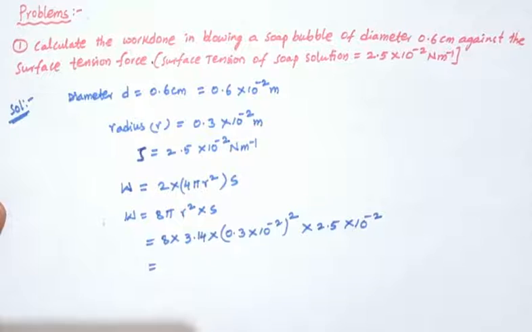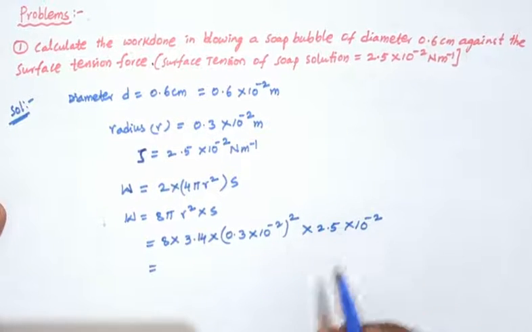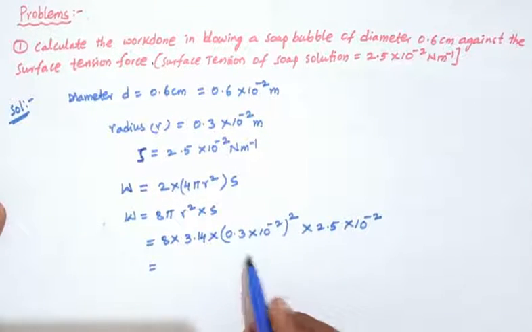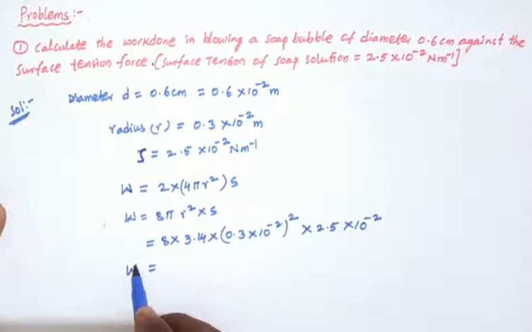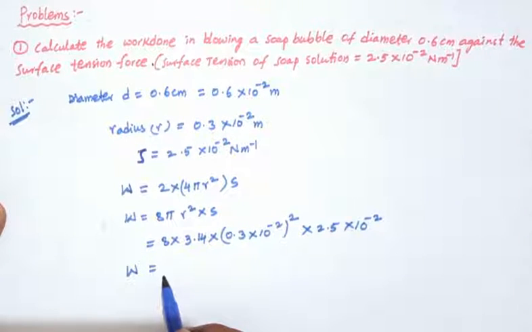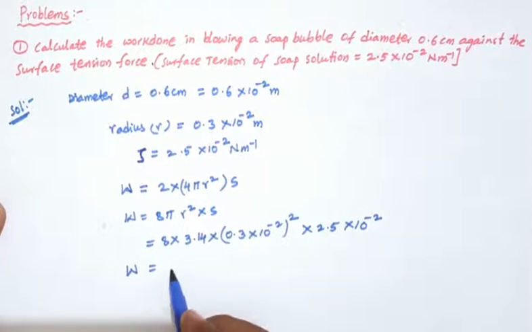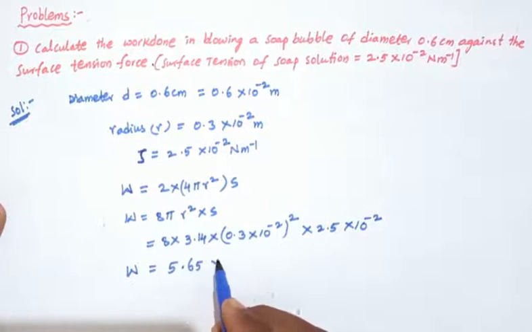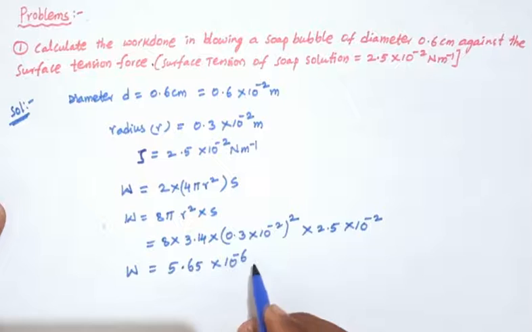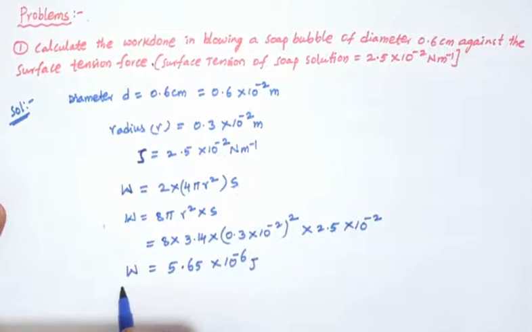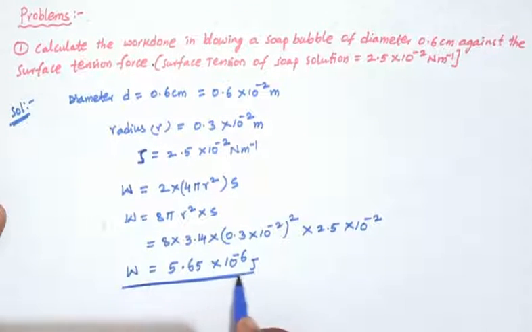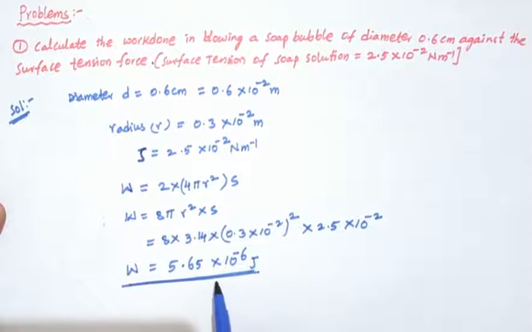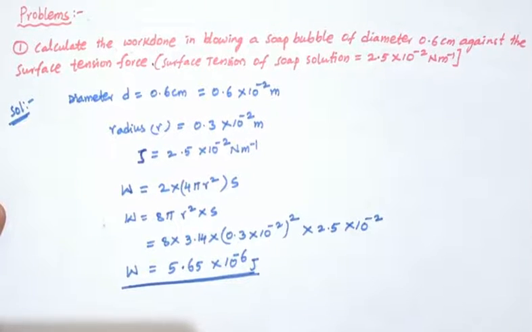So we can calculate the work done in blowing the soap bubble: 5.65 into 10 to the power of minus 6 joules. The work done W equals 5.65 into 10 to the power minus 6 joules.